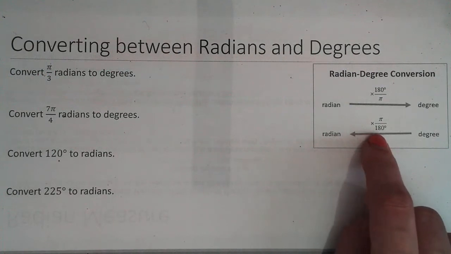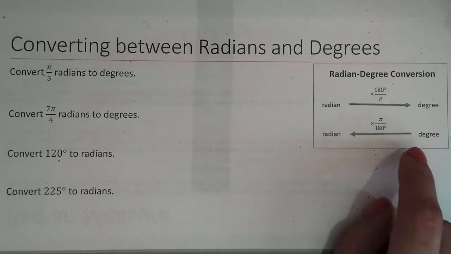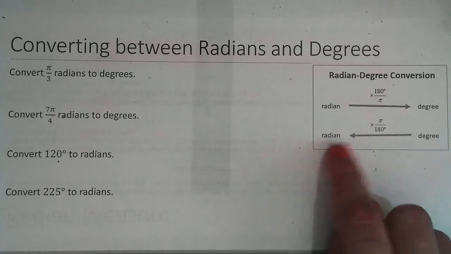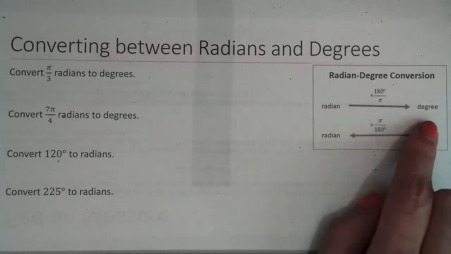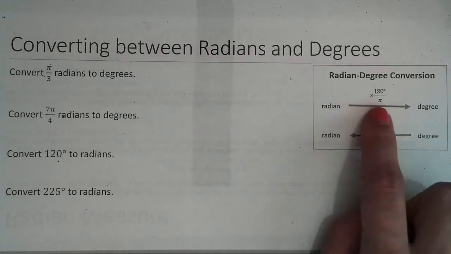Now, the way I remember this is that radians typically have pi in their answer. So if I want radians, then I want pi in my numerator. If I'm switching from radians to degrees, I don't want pi anymore, so my pi is going to be in the denominator to help cancel it out.